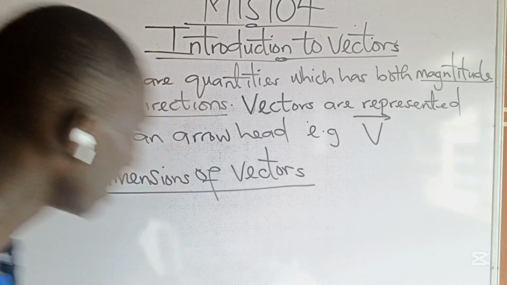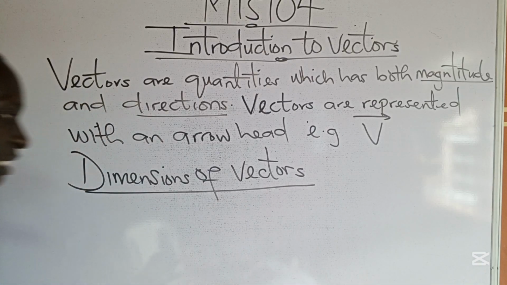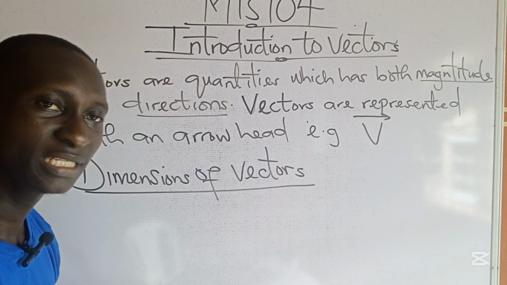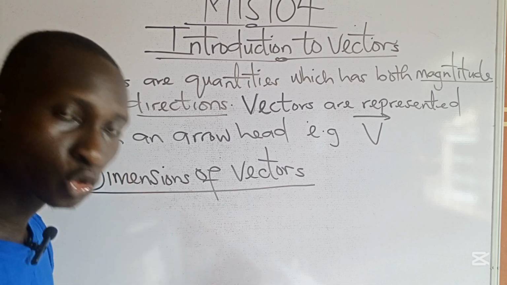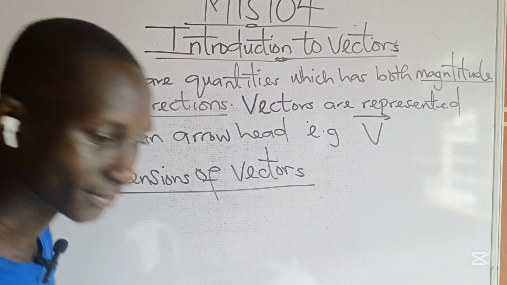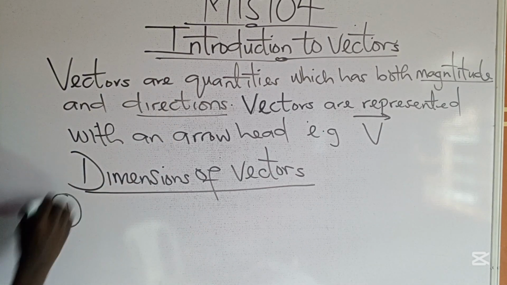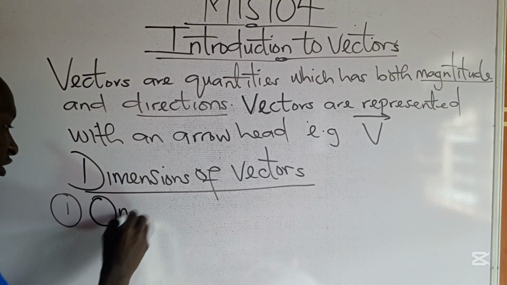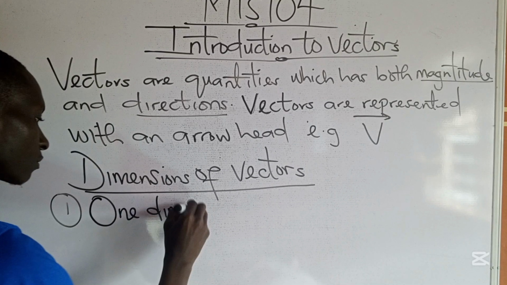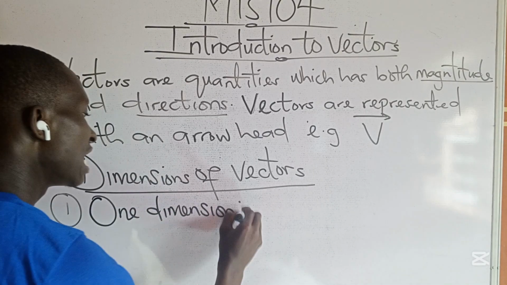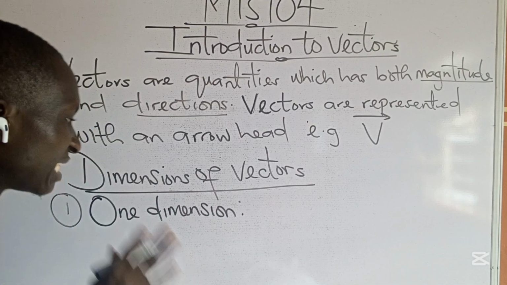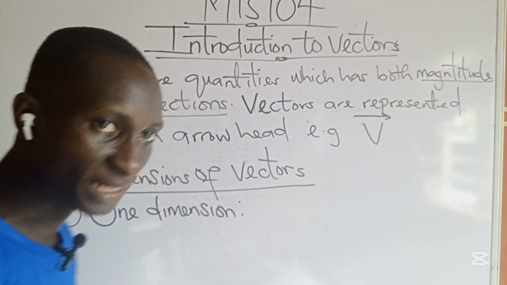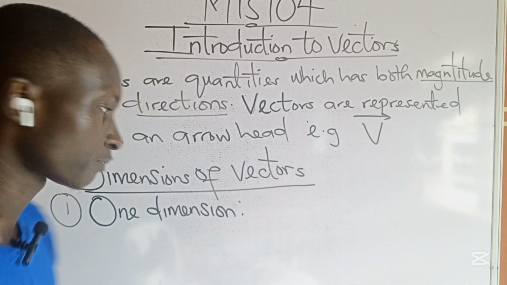Is that clear? Now, for the case of this class, we will discuss 1 dimension, 2 dimension, and 3 dimension. Now, the first one, a 1 dimension vector. With what I've explained, a 1 dimension vector is a vector that travels with respect to one direction.